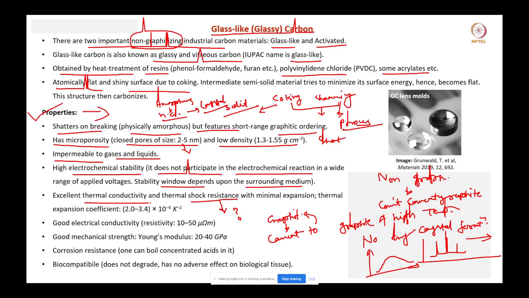The ability of a material to withstand sudden change in thermal energy. Yes. So basically, let me explain it like this.